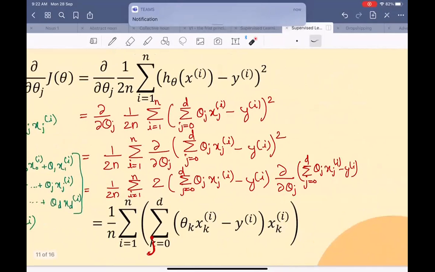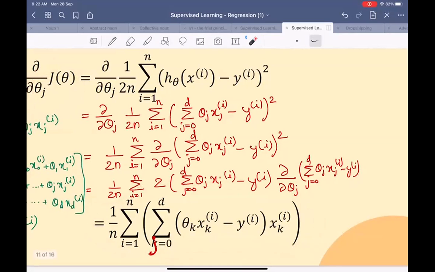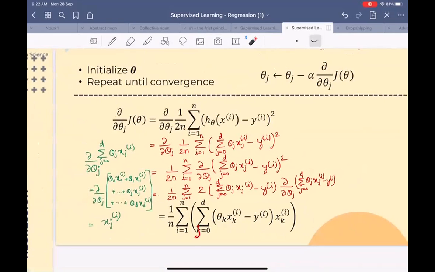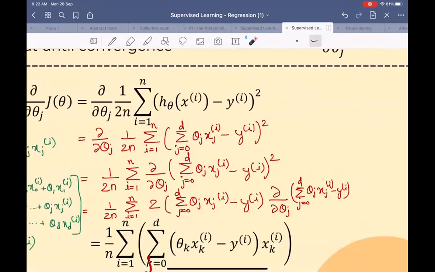When we put that in terms of k or j, we see that this is the term that ends up here. So now this is our evaluation of the partial derivative of the cost with respect to a particular value of theta j, or you could say theta k. Here I mistakenly started with j but ended up formulating the answer in k.